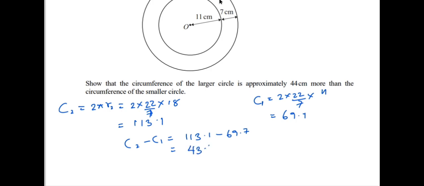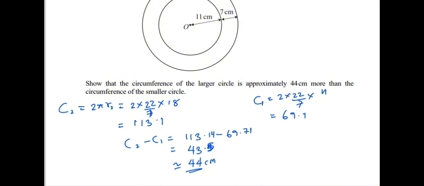Of course, that's because of the approximation which we have made here. So you can see that if you do that, you're going to have something close to this, which is approximately 44. Okay, of course, that's why they use the word approximately, because we know that some people will use 22 over 7 or 3.142, as they do not specify the pi to use.